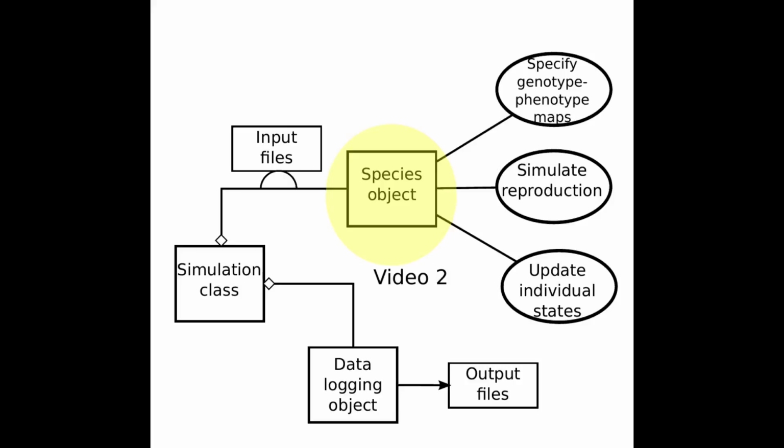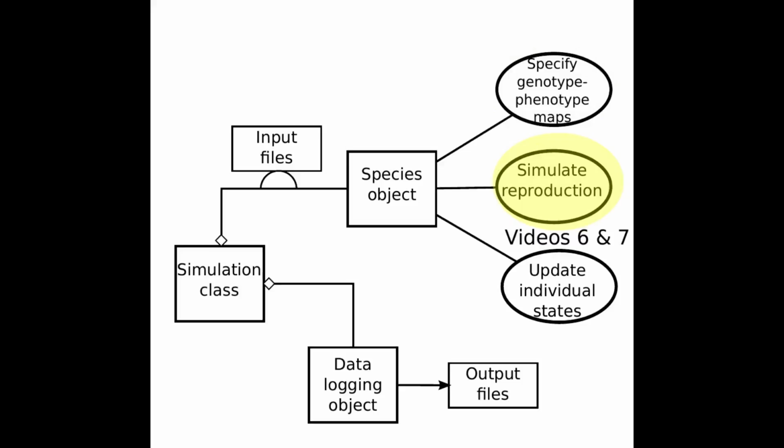In video 2, we will discuss how we set up and define our species object. Videos 3 through 5 discuss how we can specify the genotype-phenotype map, and introduce you to tricks we can use in other parts of our simulations. Video 6 will introduce you to how you can use sPEGG to simulate reproduction, which involves operations like choosing the parents.